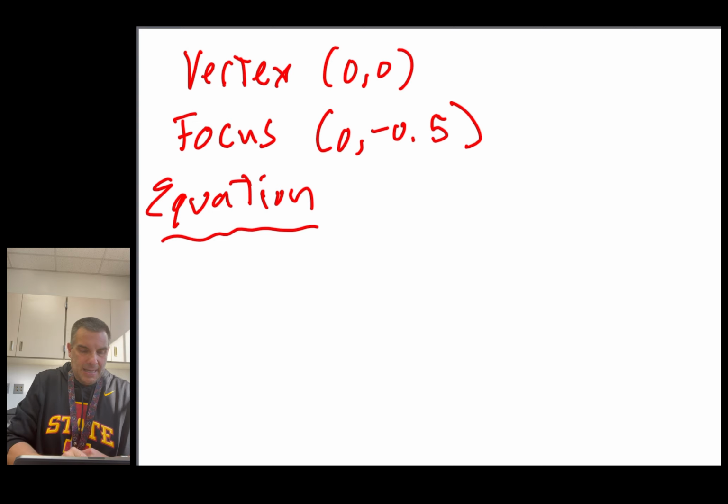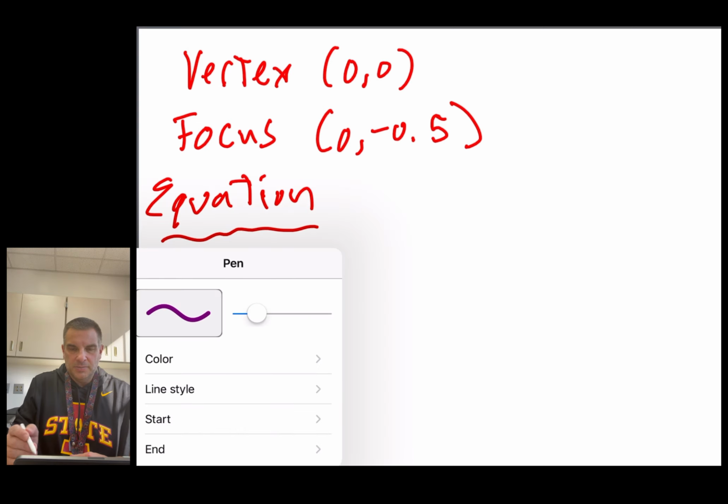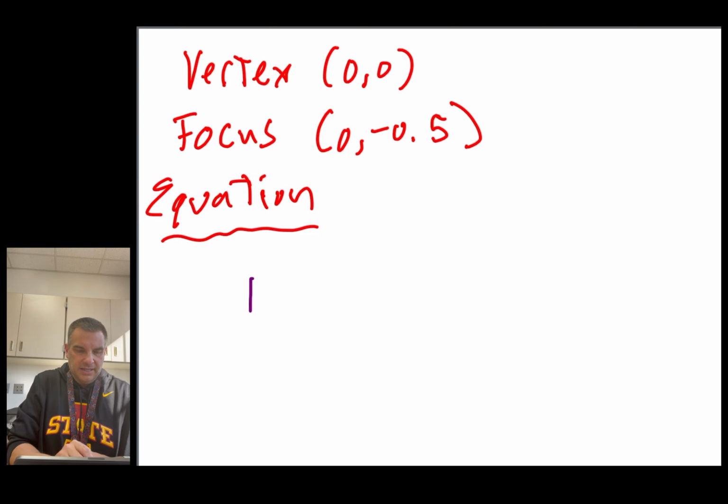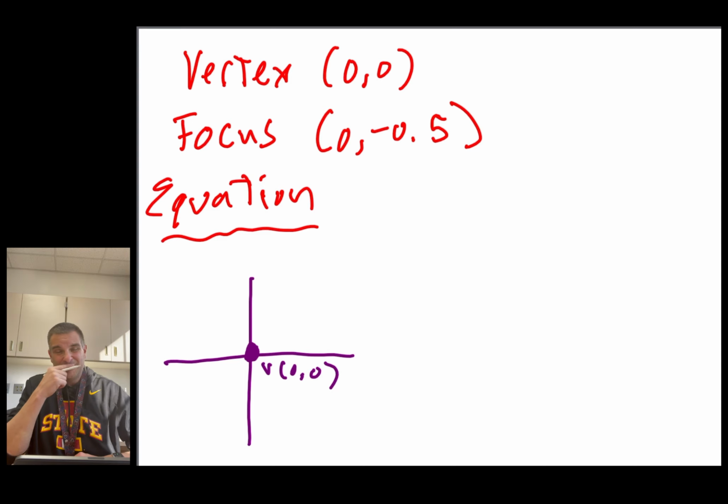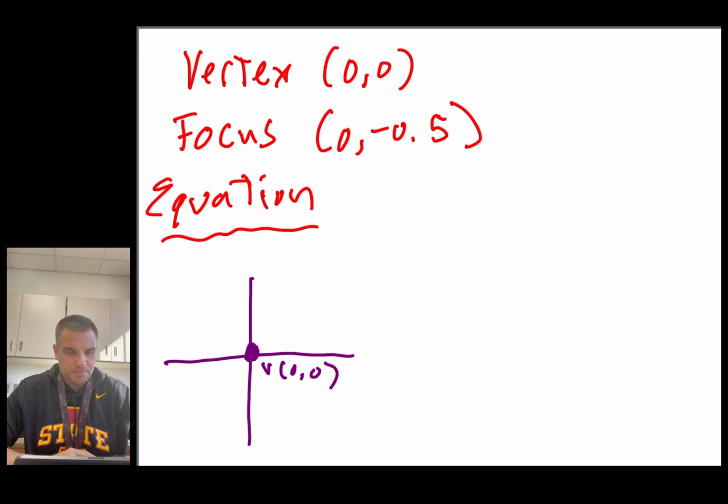So again, I'm going to draw it first because the drawing helps me see what it's going to look like and gives me the direction that it's going to open. My vertex is at 0, 0. So the equation itself, we've got the h and the k value already.